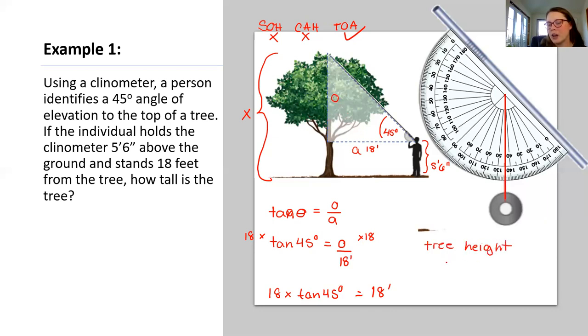Well, from my clinometer, I have 18 feet of height plus the height that I was holding it at, which is 5 feet 6 inches, gives us a total of 23 feet 6 inches for the height. So it's really not difficult to calculate. In order to find X, X is the opposite plus the person height.